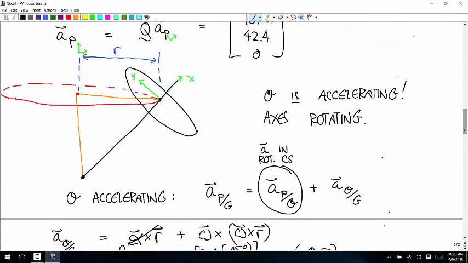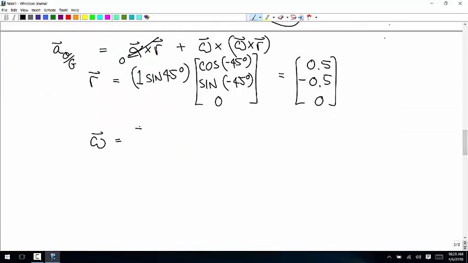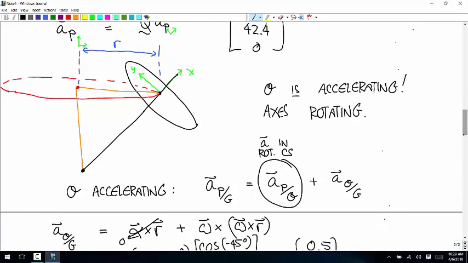In this coordinate system, what's the angular velocity of the structure that origin is on? Yep, that's right. Negative 3.535, negative 3.535, 0. That's right. Yep.